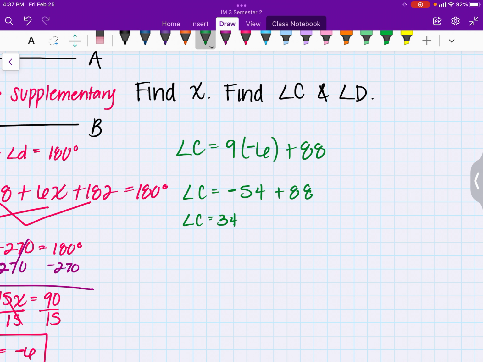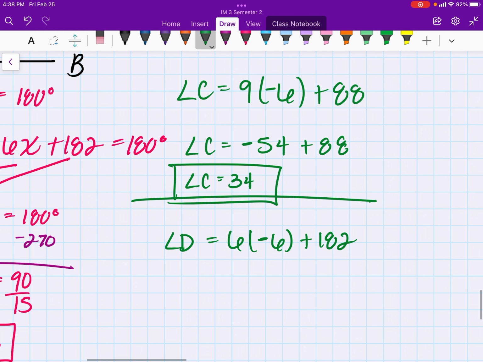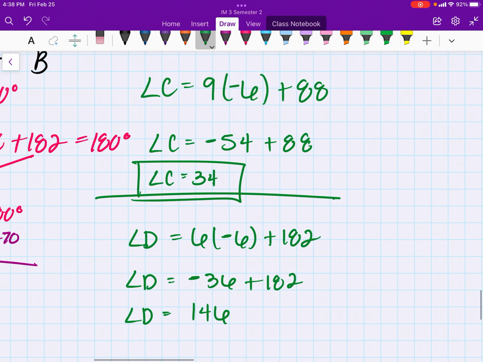All right, now let's move on to angle D. Angle D in this case is going to be 6 times negative 6 plus 182. So that's going to give us negative 36 plus 182, and our answer should be 146.